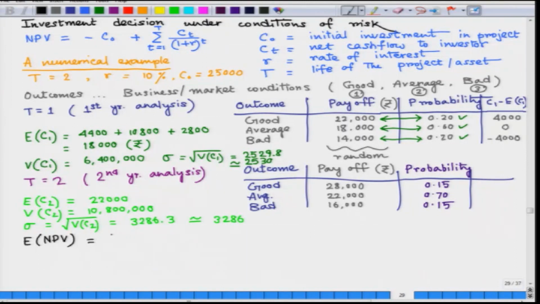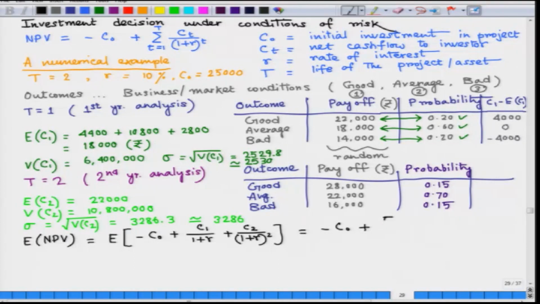So, we know that we have to take the expectation of this random variable, C1 over (1 plus R) plus C2 over (1 plus R) squared, and then minus C naught, because it is fixed, it is not a random variable.